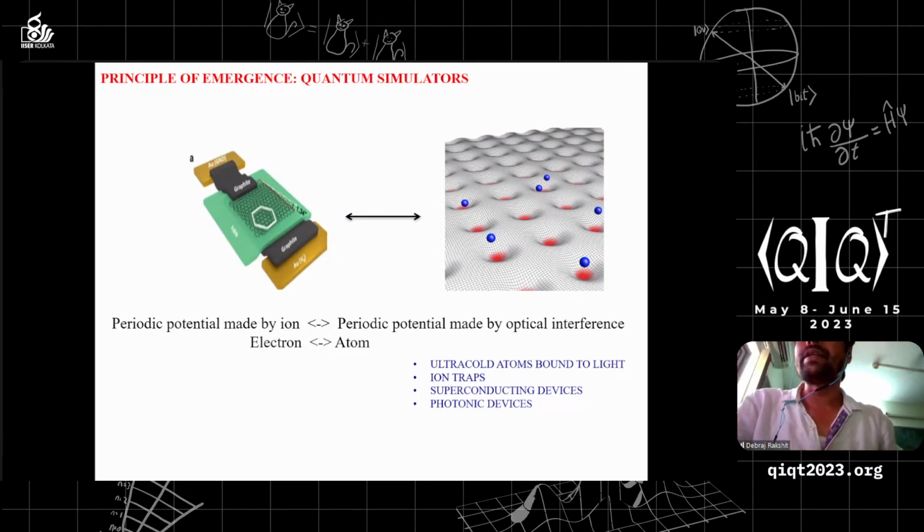Then you can trap neutral atoms there. So we are going to change the role played by the ions to light, and the role of the electrons will be played by neutral atoms. This is how we'll try to understand the physics of a solid with a quantum simulator that we are designing via ultracold atoms.